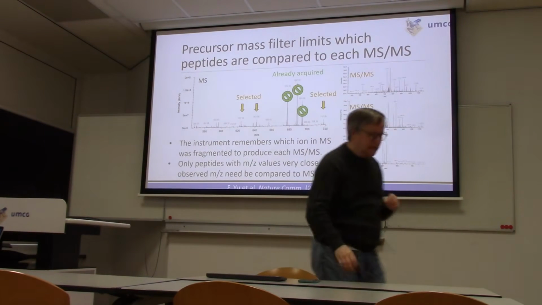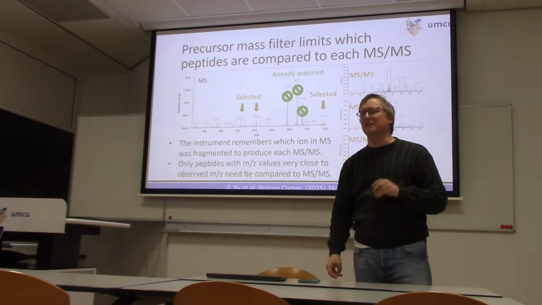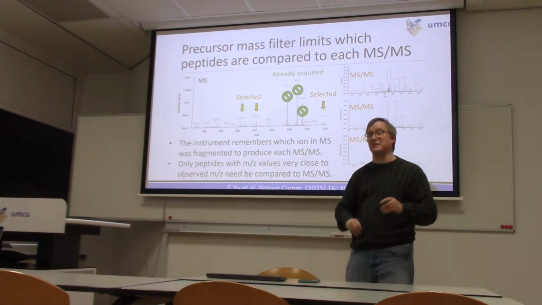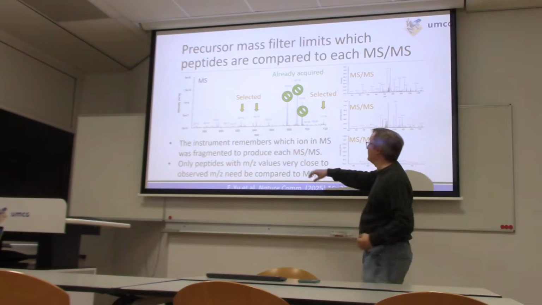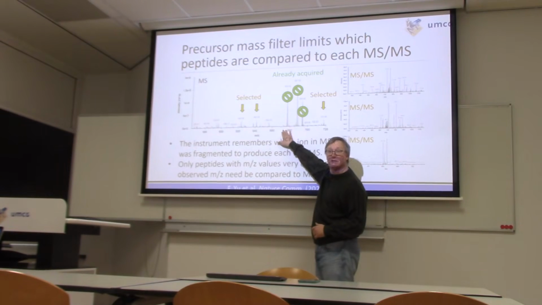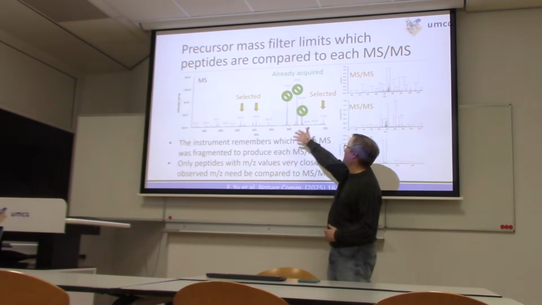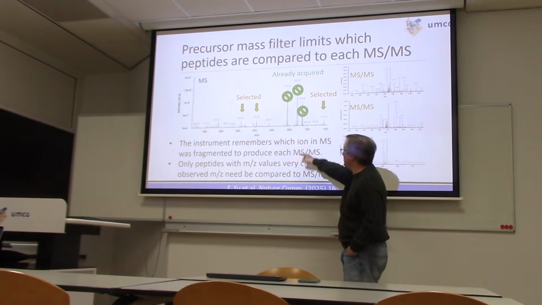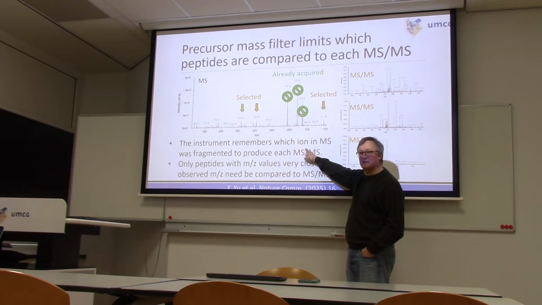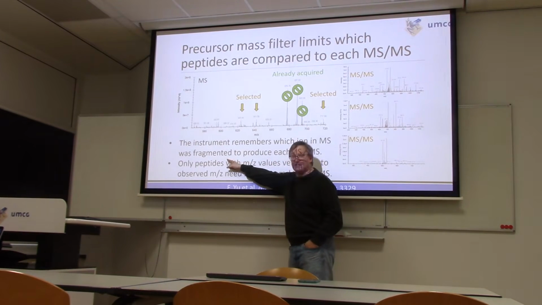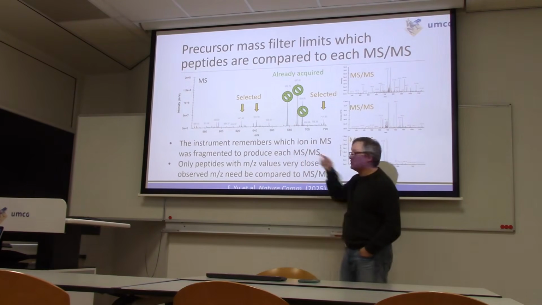Okay, I talked a moment ago about data-dependent acquisition. This was the process where we acquired MS/MS scans of peptide ions that were intense in the MS. So this is a depiction that comes from that. But importantly, the instrument remembers which ion in the MS was chosen, isolated and fragmented to produce each MS/MS.